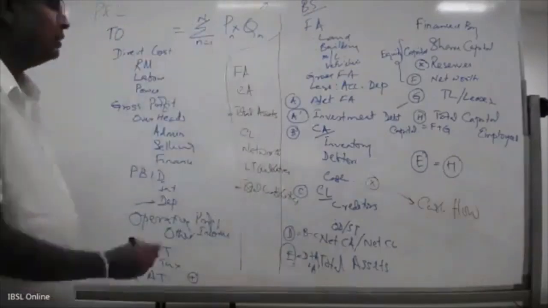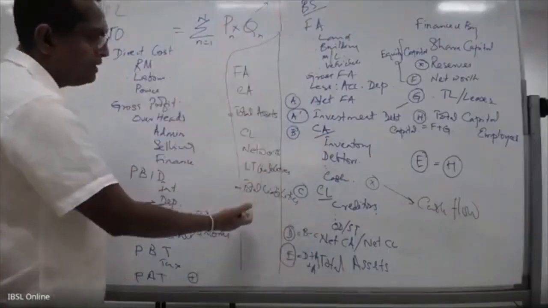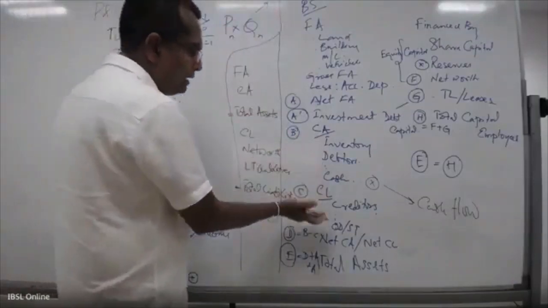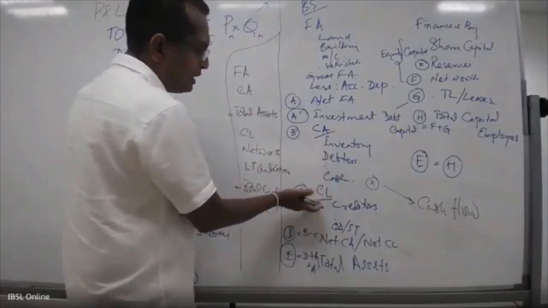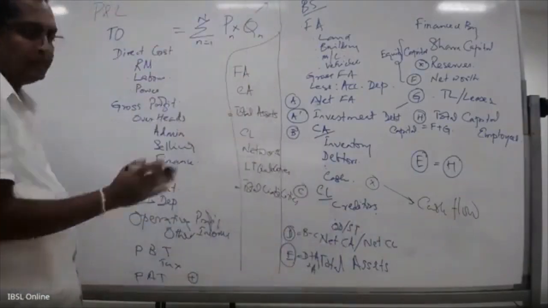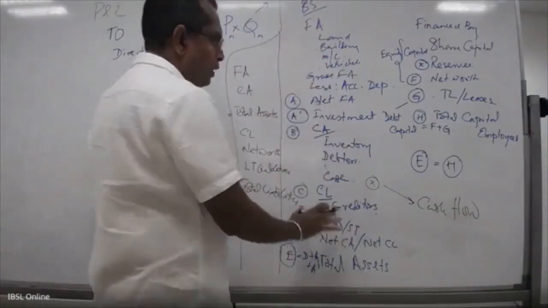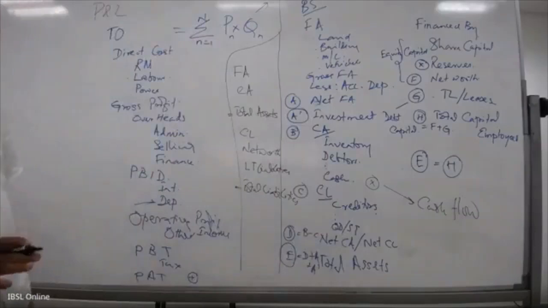So they can ask either way, we can write this way or we can write this way. I have written this near to each other, so it is the working capital. Otherwise, it is in two different places, right? Whether you get this format or this format, that's the same thing.